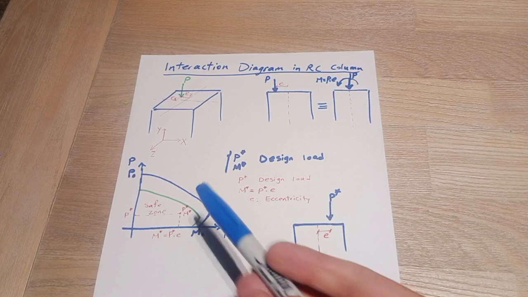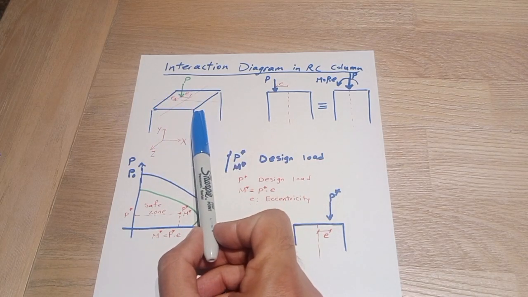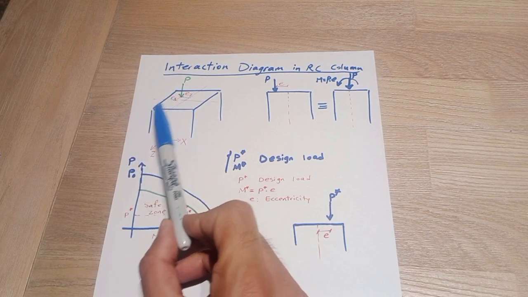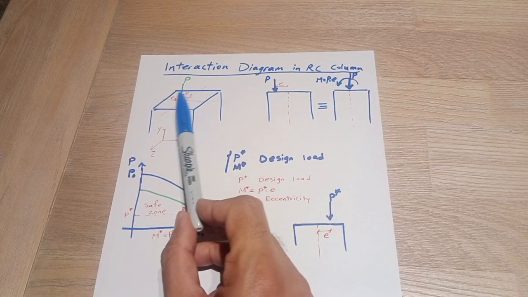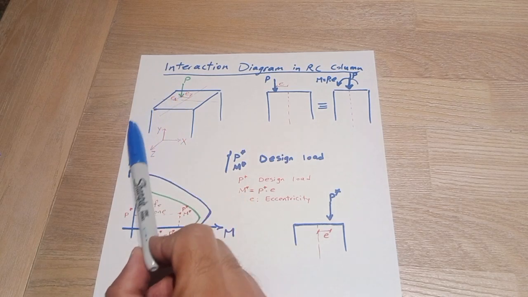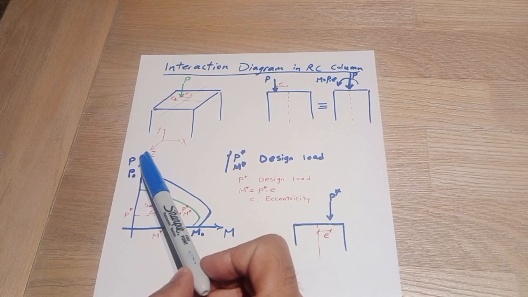So in 3D view, you see that we have a section. It can be any shape, just as long as we can define the center of the section. We can have this concept. So we have a P compression load with eccentricity from EX and EZ from this coordination system.